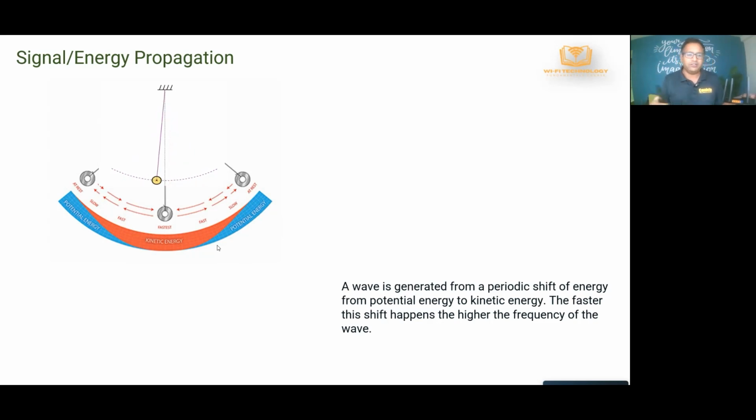To actually answer that question, look at a simple example of any kind of periodic motion, like a pendulum. The pendulum swings from left to right like this. As the bottom part of the pendulum goes all the way to the highest point, it slows down, and that is when it has the highest amount of potential energy.